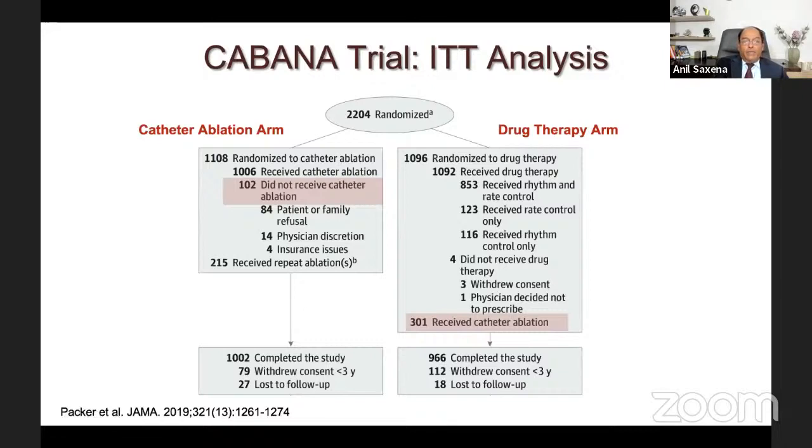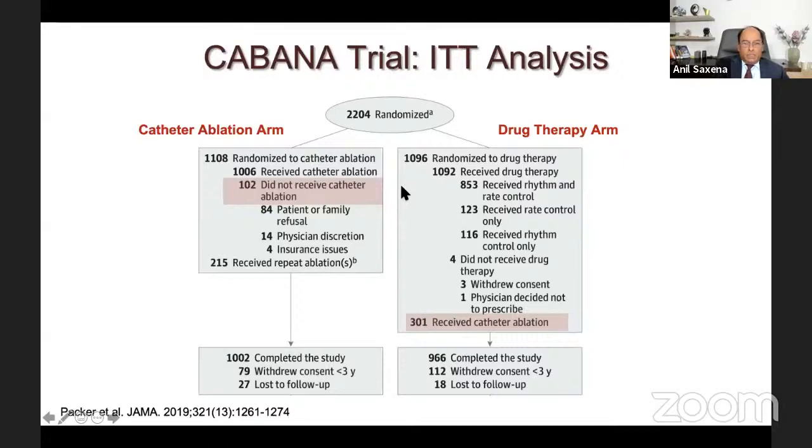So it becomes very difficult for any bystander to see, because they say that if 30% patients are actually receiving catheter ablation in this arm, then how can you compare this treatment against another? Because there's so much mixing.